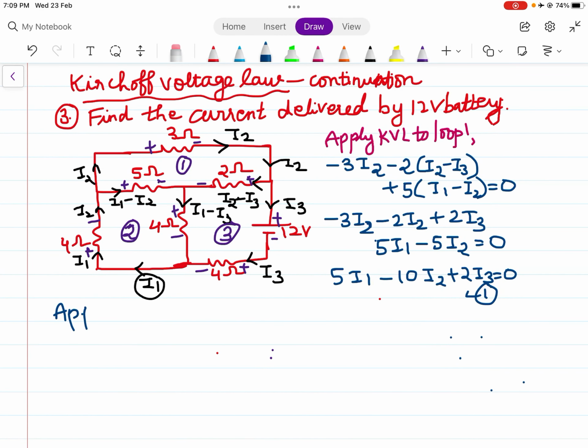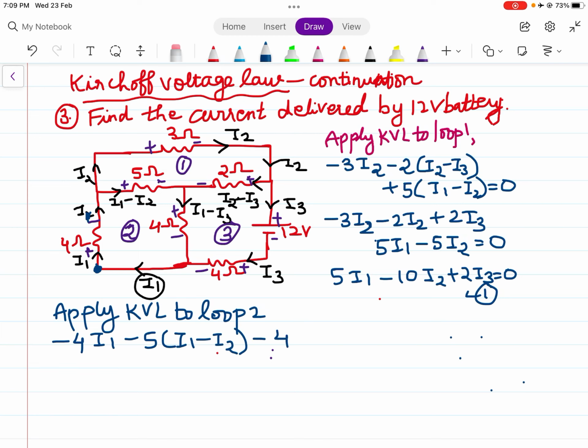Apply KVL to loop number 2 starting from this point. Positive to negative minus 4 I1, positive to negative minus 5 times I1 minus I2, positive to negative minus 4 times I1 minus I3 equal to 0.